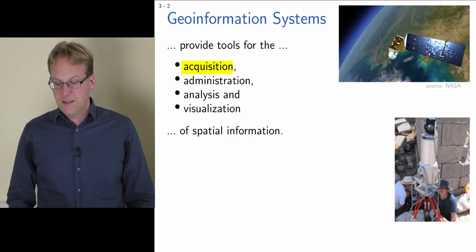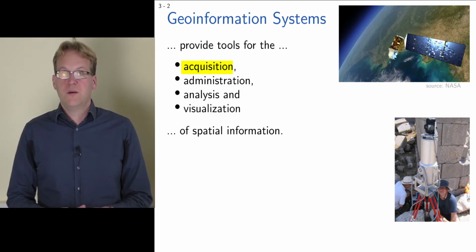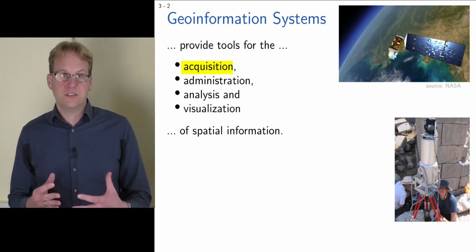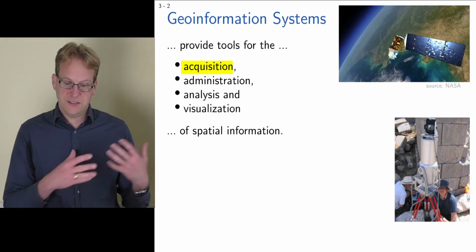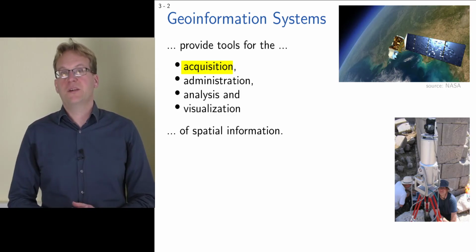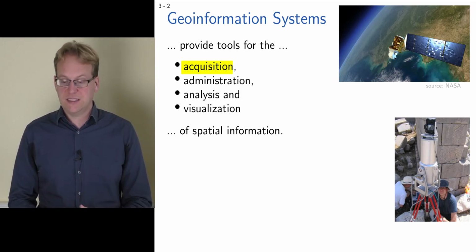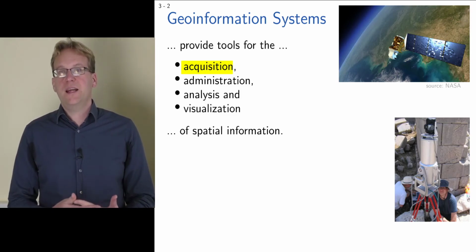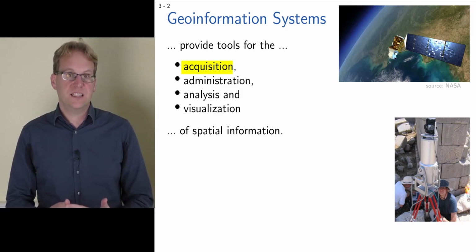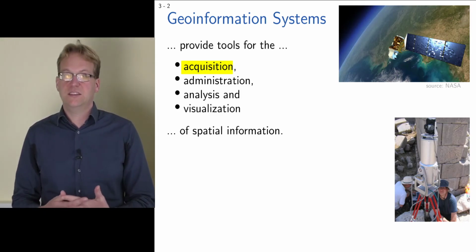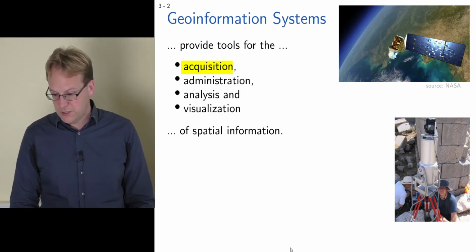For example, there's a close link between geographic information science and remote sensing, because a lot of our information is collected with remote sensing satellites. On the other hand, we also have terrestrial sensors, such as a terrestrial laser scanner, which you can see here.